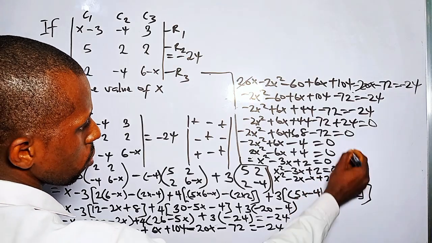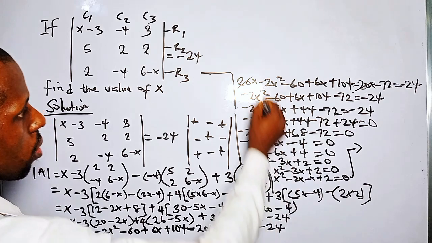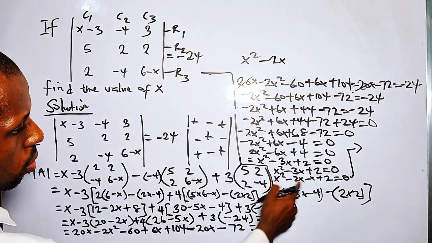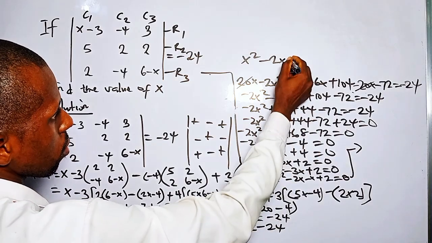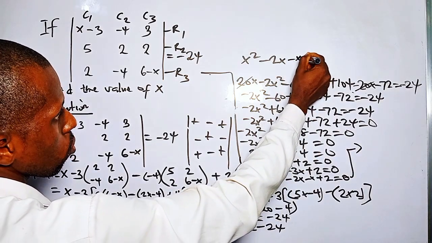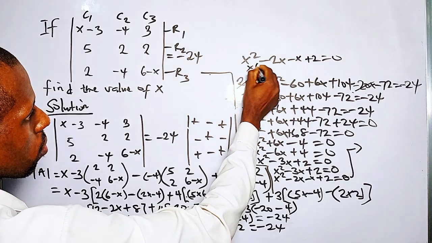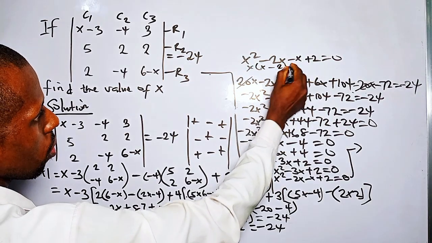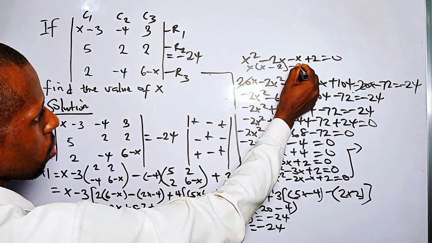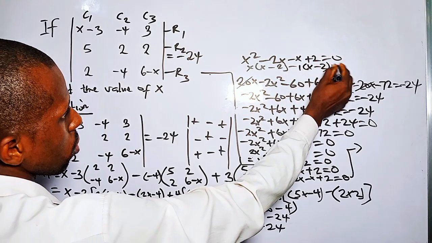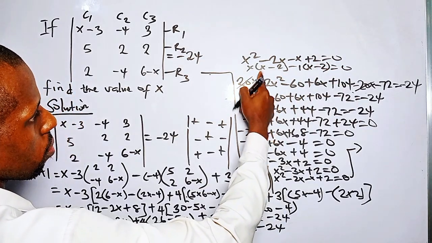Grouping, we have x times (x minus 2) minus 1 times (x minus 2) equals 0.